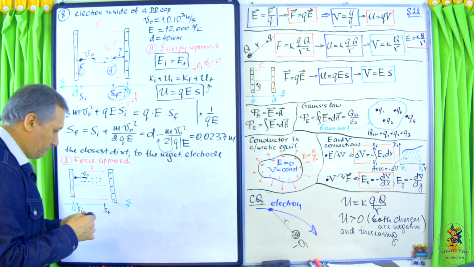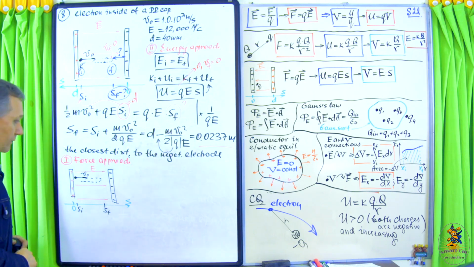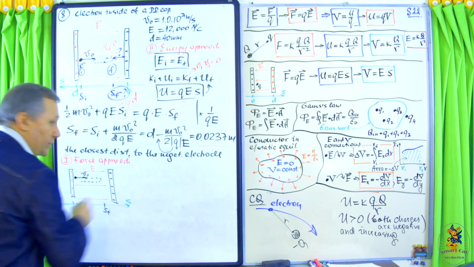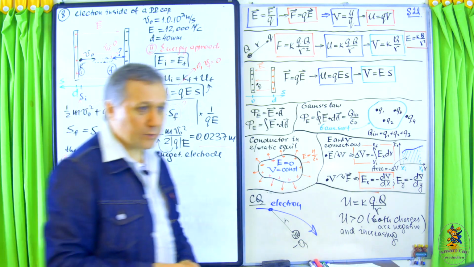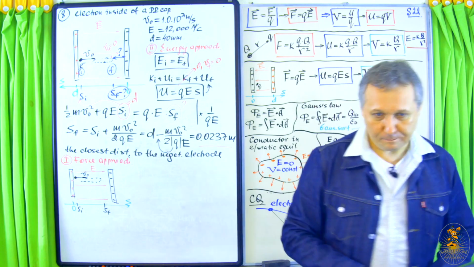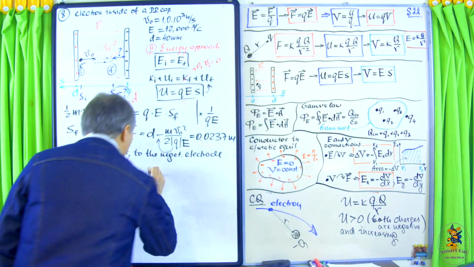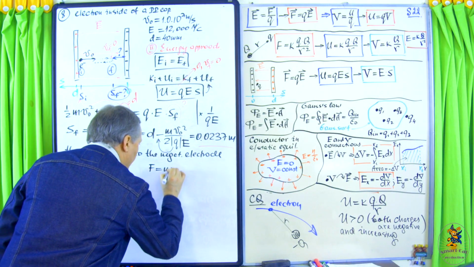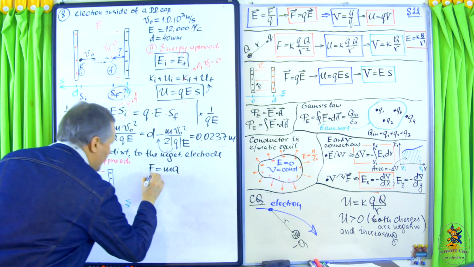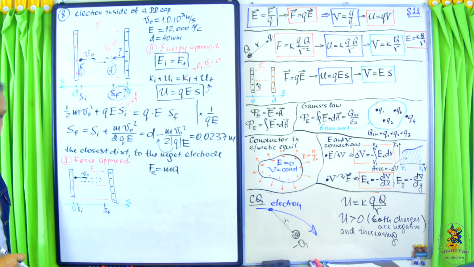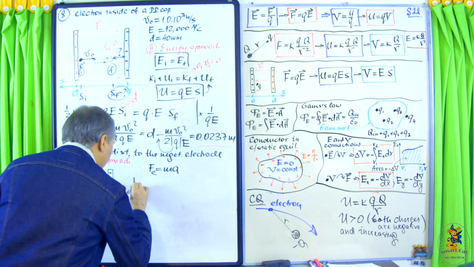Right. And so the force approach is based on Newton's second law and the expression for the electric force. So first Newton's second law, F equals ma, and of course this force is an electric force. Okay, so let me write electric force.